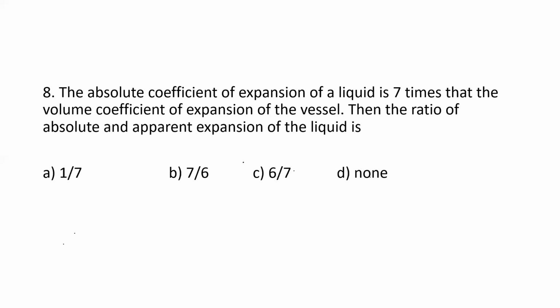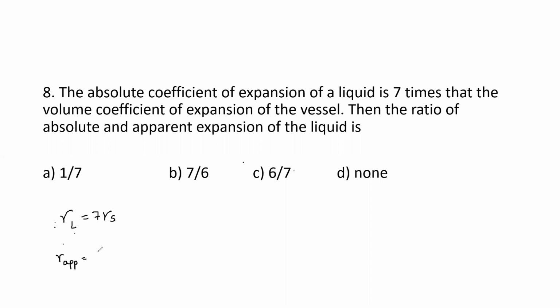Then the ratio of absolute and apparent expansion of the liquid is given by. So here, γL is equal to 7 times γS.